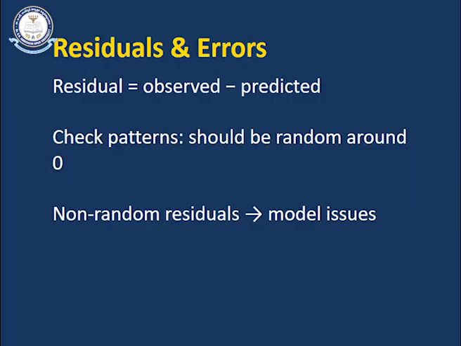What you have observed and what you have predicted, that's the difference, and this difference is captured through the residual. The other one is looking at the patterns. The pattern should be random around 0, and non-random residuals indicate model issues, and that is the reason. So let us look at the estimated linear regression.